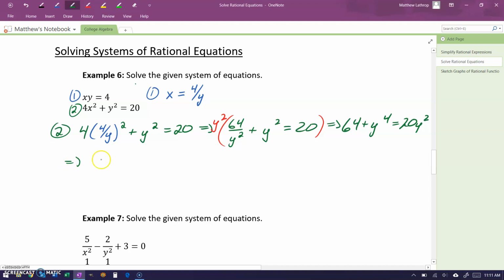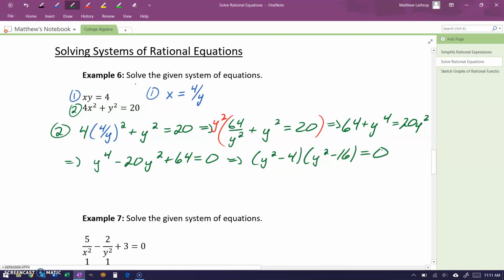We can subtract 20y squared to the left-hand side and rearrange our terms to write this as y to the 4th power minus 20y squared plus 64 is equal to 0. This will factor as y squared minus 4 times y squared minus 16, which will then leave us with two different problems to solve.